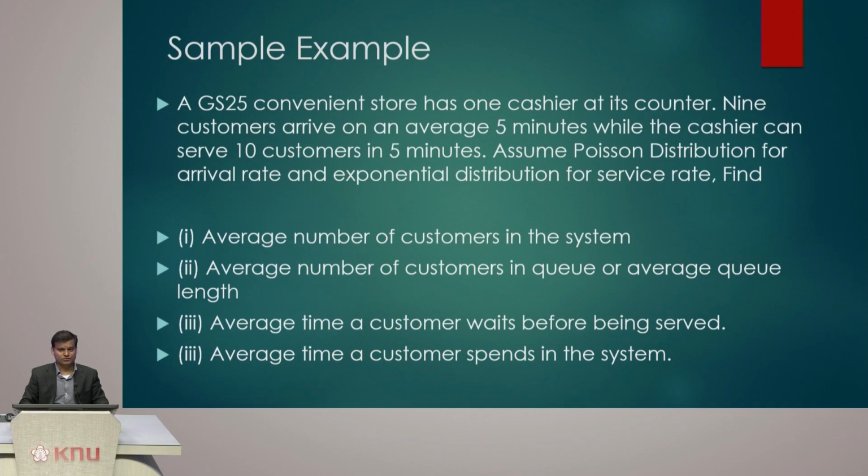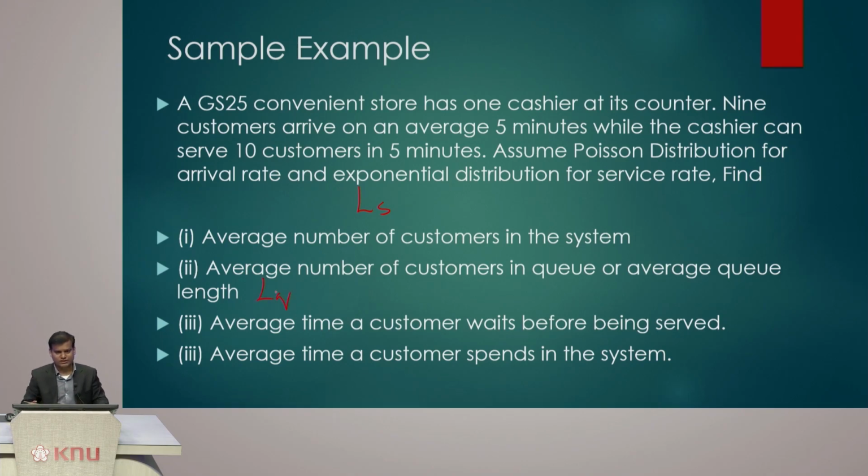Assume a Poisson distribution for the arrival rate and an exponential distribution for the service rate. You are asked to find the average number of customers in the system, which is LS, and the average number of customers in the queue, or average queue length, which is LQ.